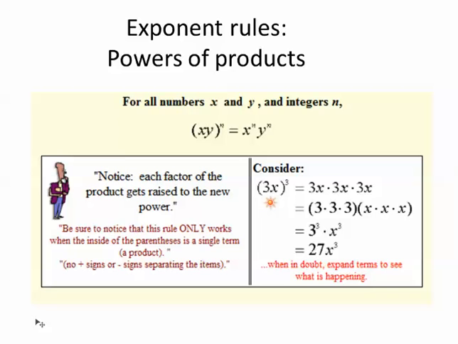So it's 3 to the third and x to the third, and it's 27x to the third. If we go back up here and look at our rule at the top, we see that xy to the n, again using all variables, we simply say it's x to the n and y to the n. In other words, down here it was 3 to the third and also x to the third.